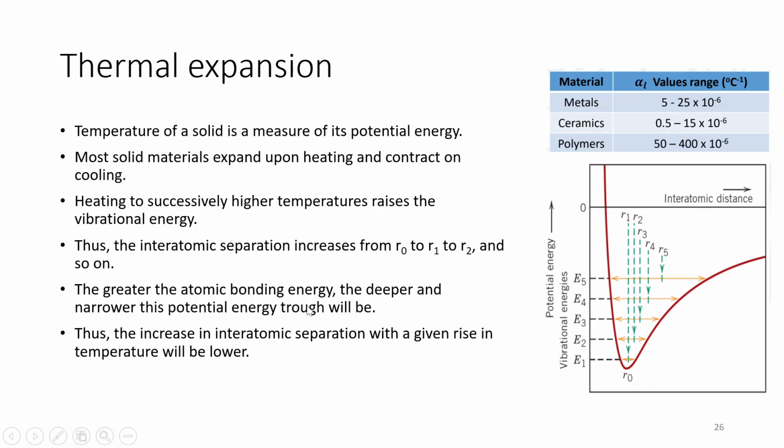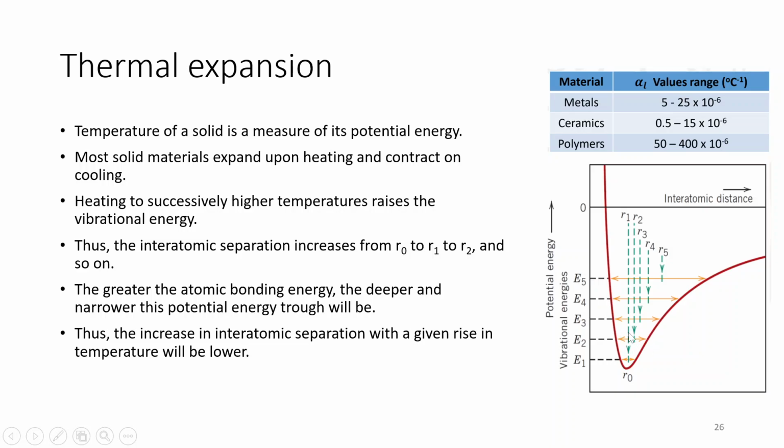The greater the atomic bonding energy, the deeper and narrower this potential energy trough will be. So if the atomic bonding energy is higher, say moving from polymers to ceramics, ceramics will have covalent bonds which are stronger, the energy is greater, so this graph will be narrower and deeper.